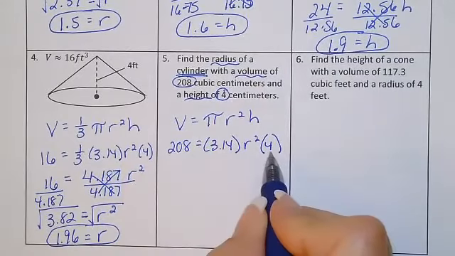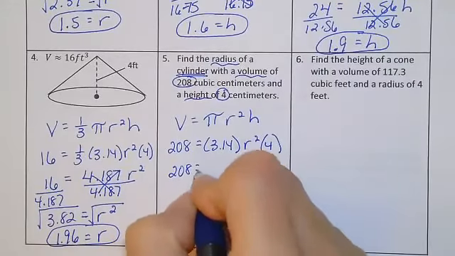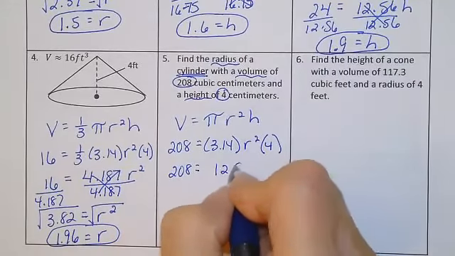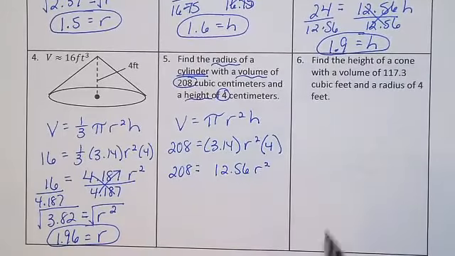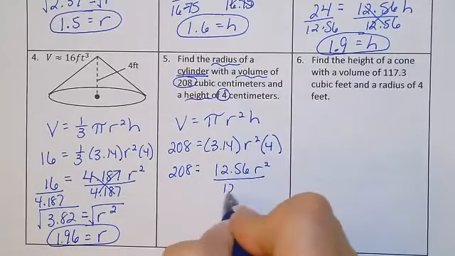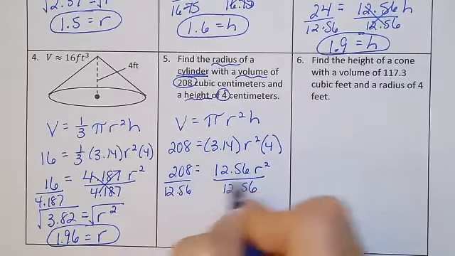Okay, so we're going to multiply these two givens together, and we get 12.56. Okay, now we're going to divide both sides by 12.56.